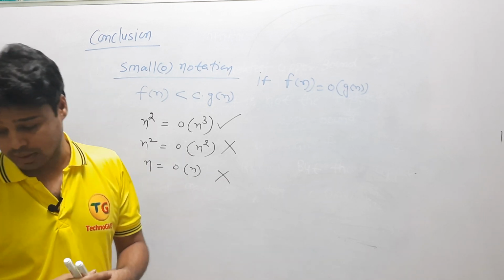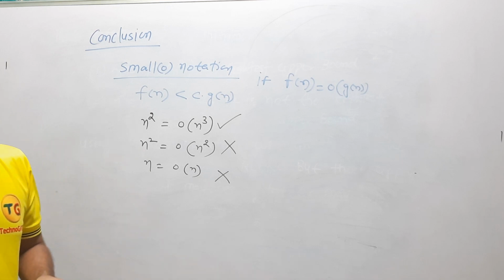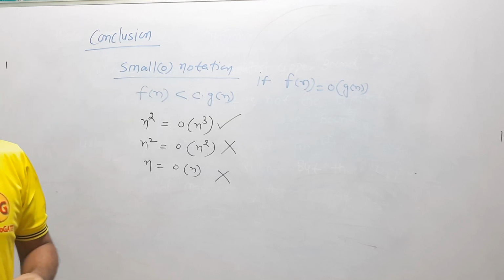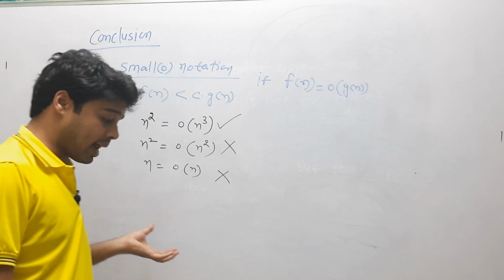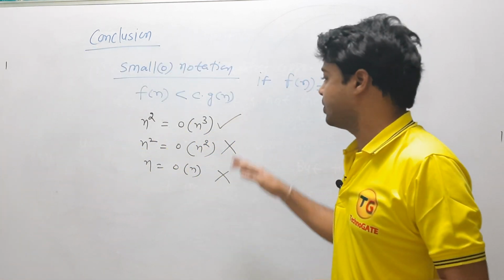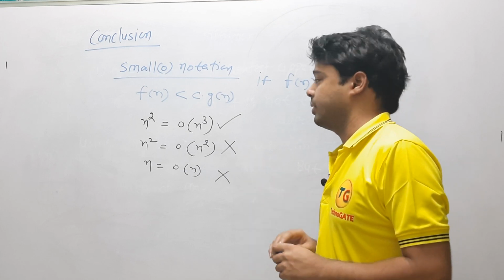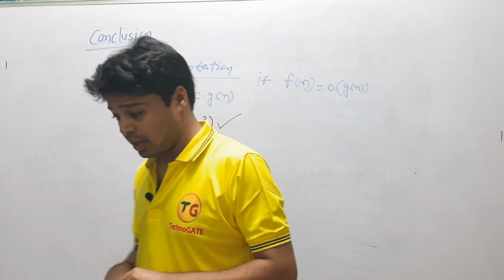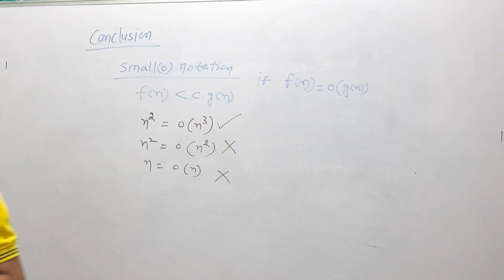So using small o notation we can find the tightest upper bound... it is valid here, here, and here.